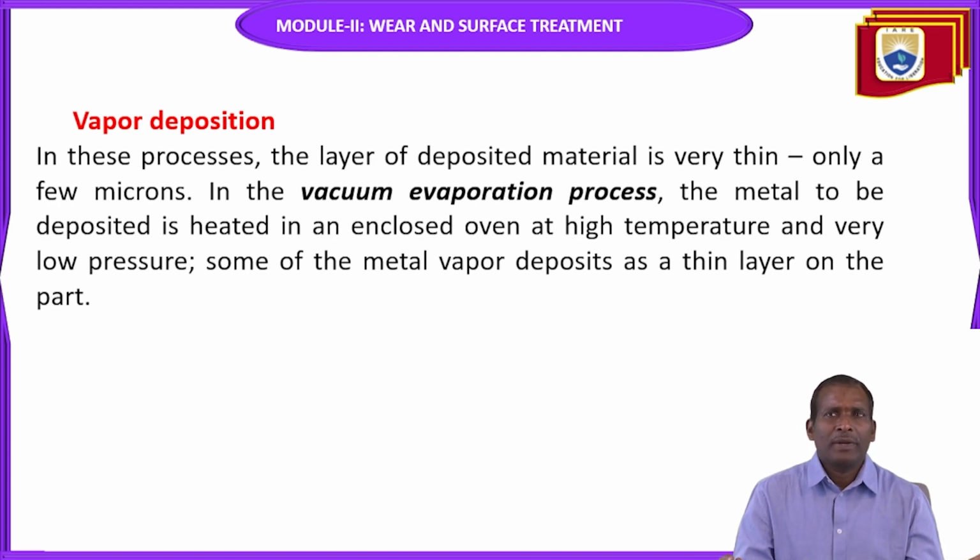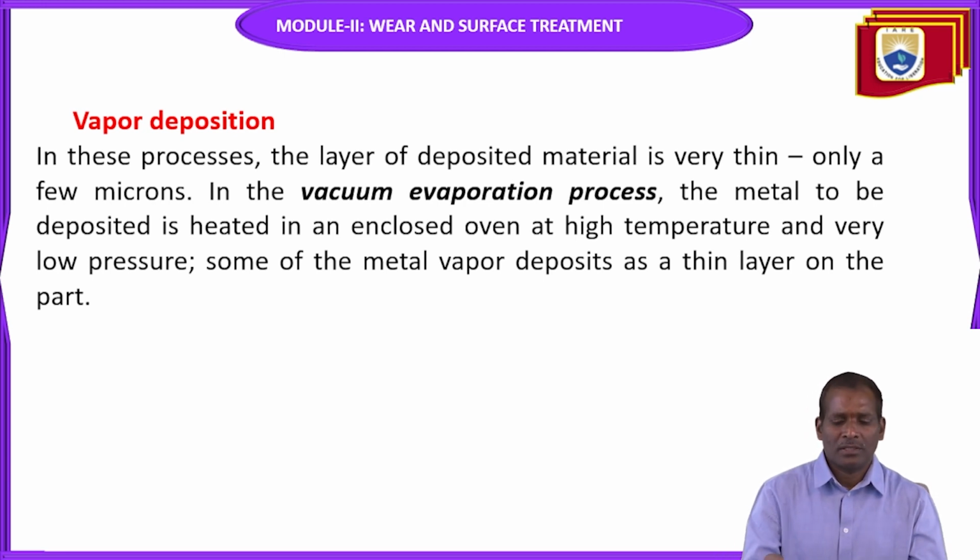First, this metal to be deposited is heated in a closed chamber at a high temperature and at a very low pressure. Some of the metal vapor deposits as a thin layer on the part.